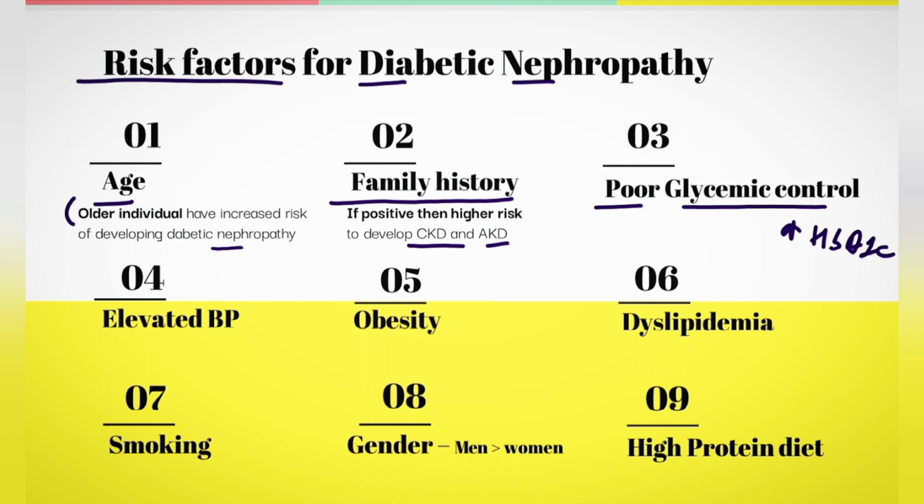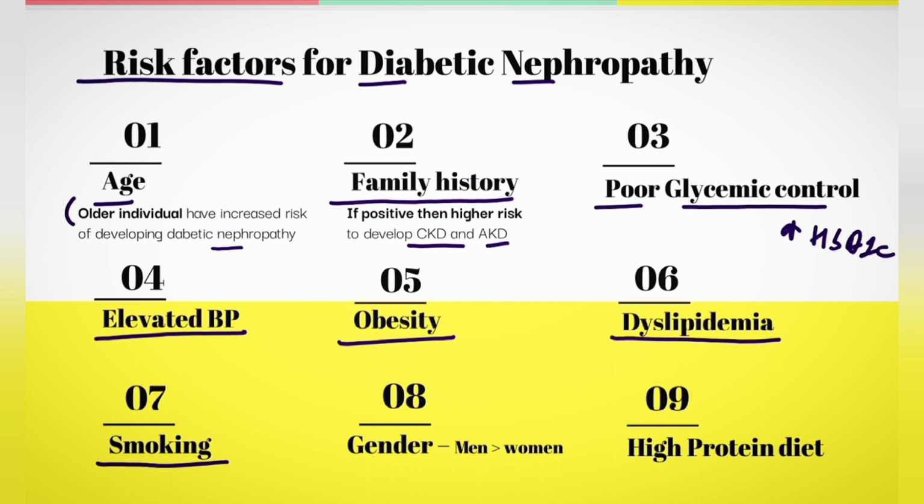Elevated BP, hypertension, is also a linked risk factor. If any person is obese, then there are higher chances. Whenever dyslipidemia is present, it will also lead to development of nephropathy. If any person has a history of smoking or is a chronic smoker, then it is also a risk factor.